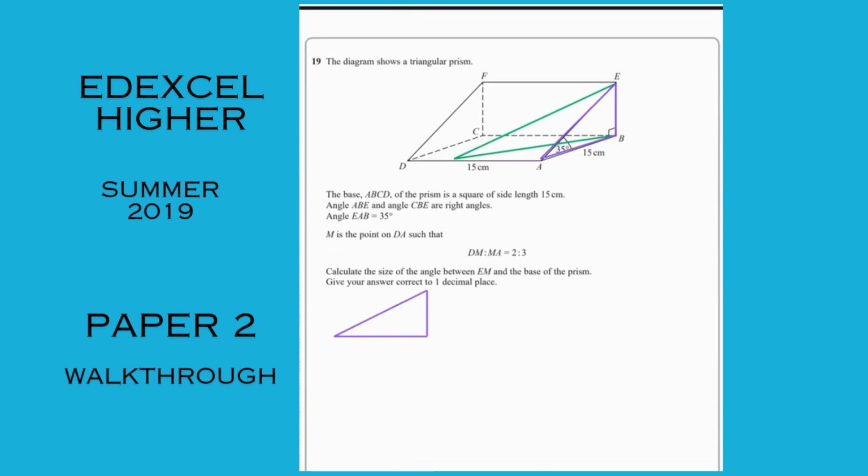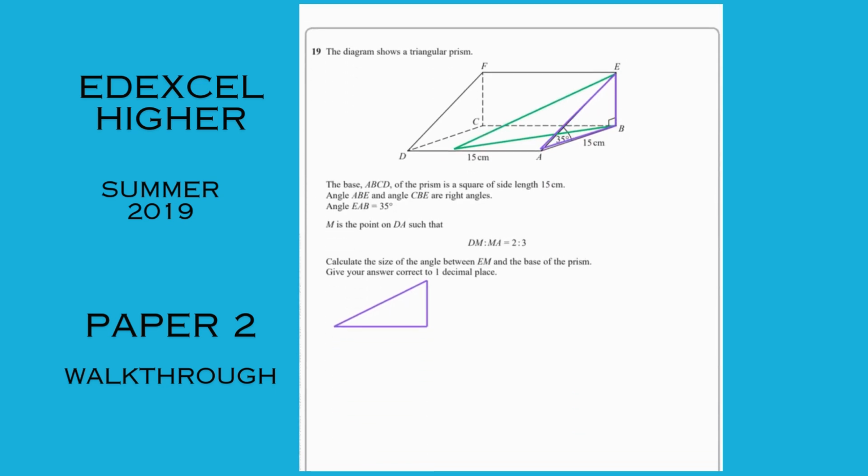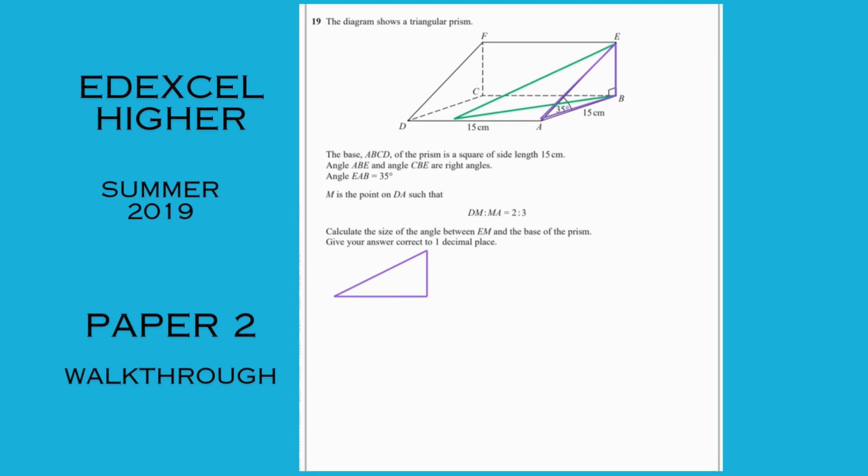Number 19, 3D trig boils down to basically SOHCAHTOA, Pythag, SOHCAHTOA, but not an easy spot. So I've started myself off here. First thing is this ratio that they're trying to muck around with. D to M is 2, M to A is 3.